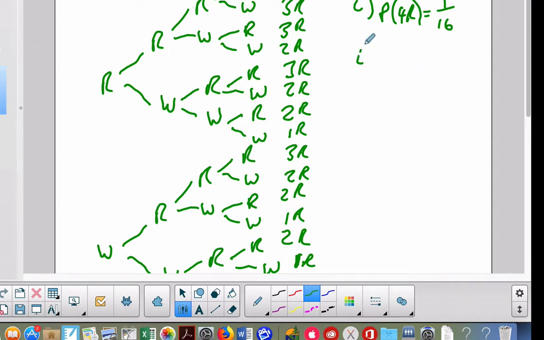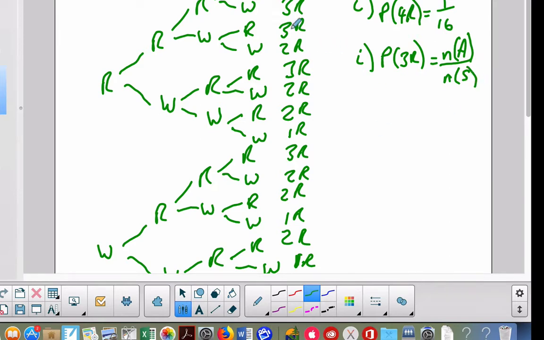And for 2, the probability that he gets exactly 3 right is the number of ways that he can get 3 right, over the total possible number of ways that he can guess on the test.